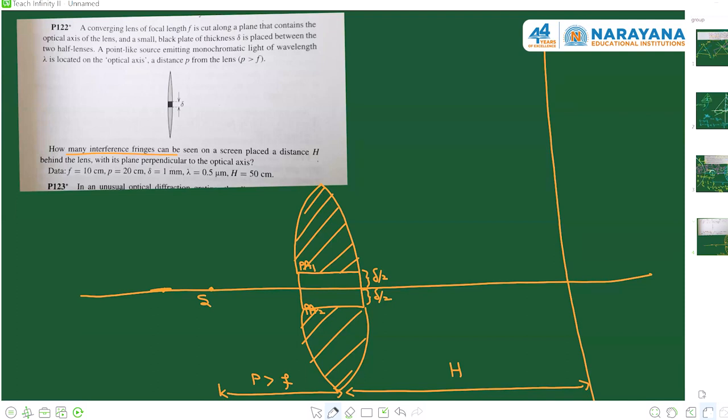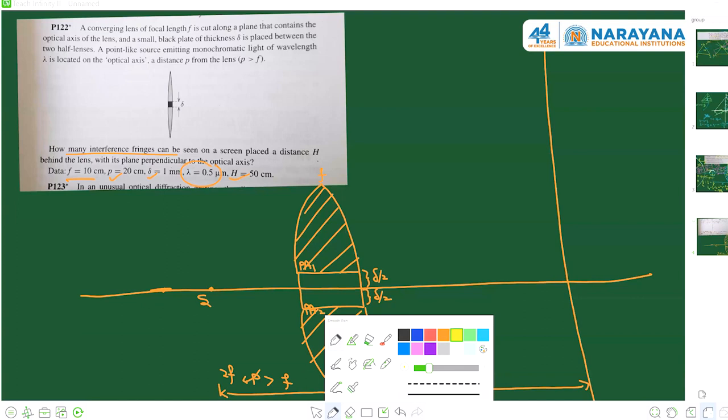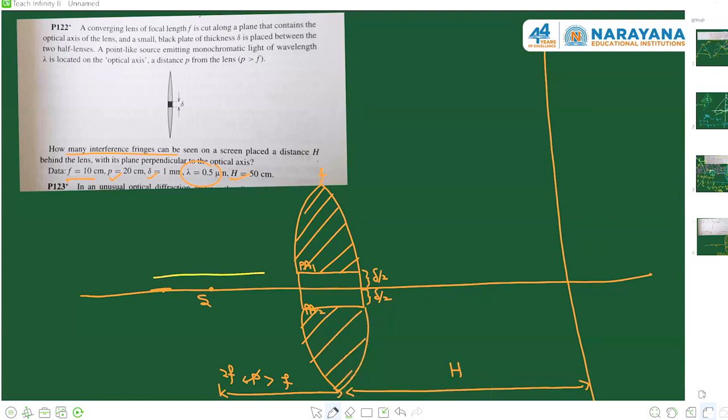Delta I know, P I know, H is known, lambda I'll use afterwards, and focal length is obviously given to me. Now, just observe that P in this case was twice of f. So a few things which were very obvious for me were like, with respect to this axis, I'm sitting here at a distance of 2f. So, fine, I'll form an image.